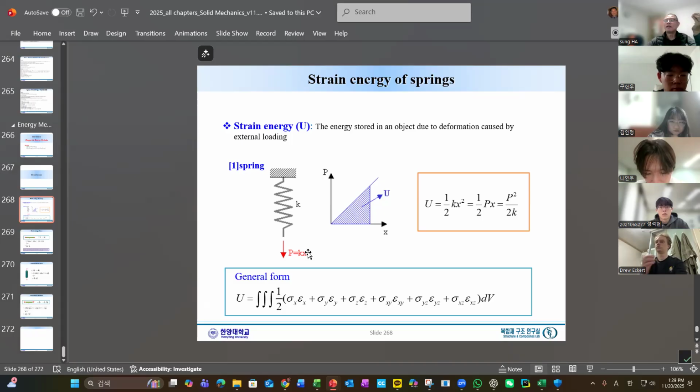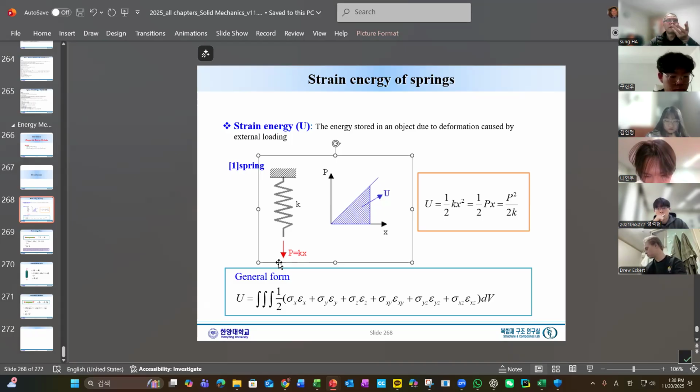That's the one concept I'd like to clarify. Again, when we apply P, P means that you started from zero to that point P. Say P is 100, then it starts from 0, 1, 2, 3, 4, 5, 6, 7, 8, and 100, right?